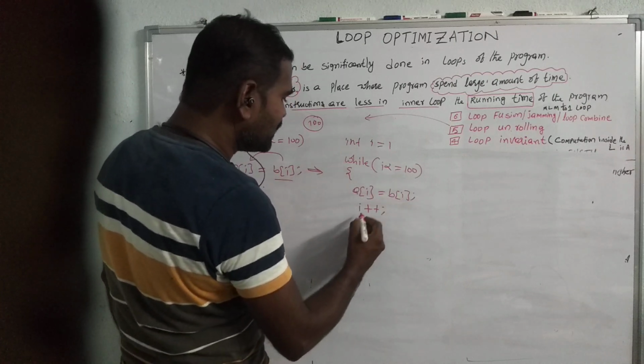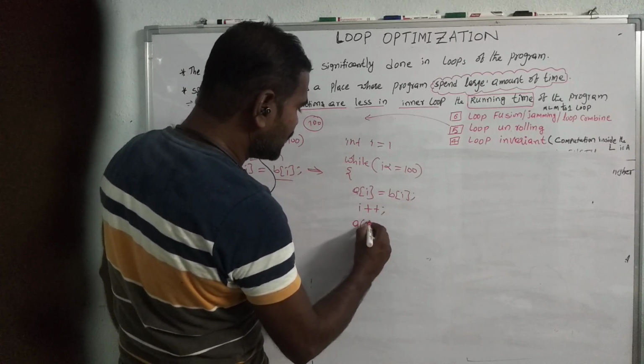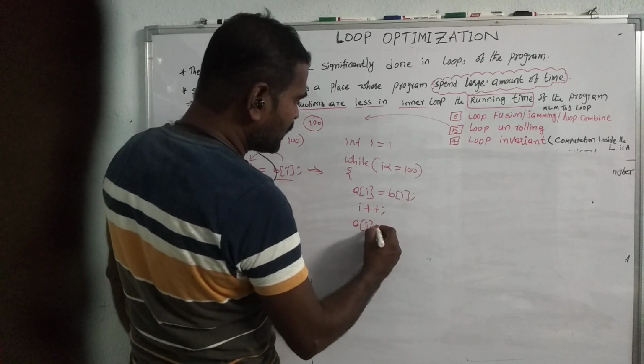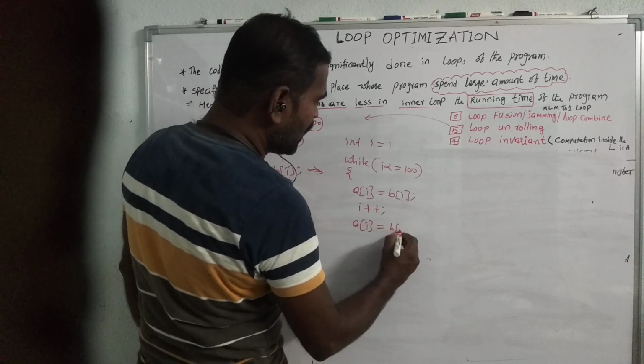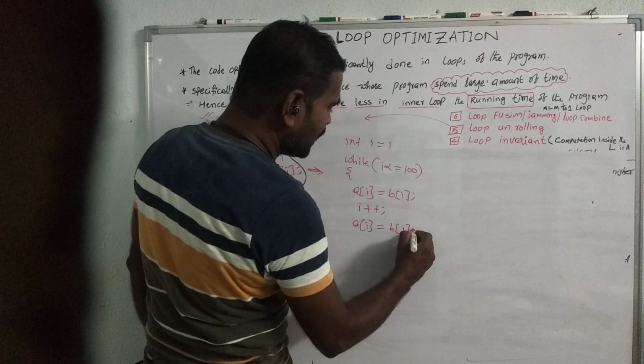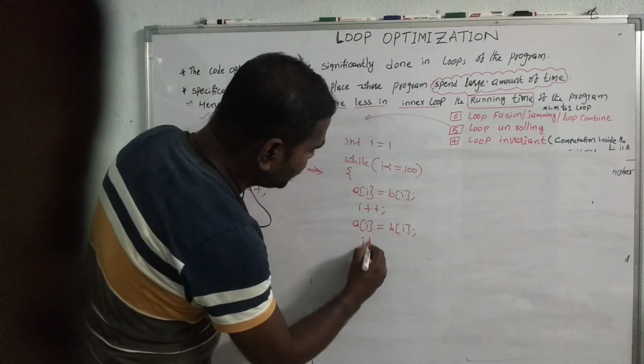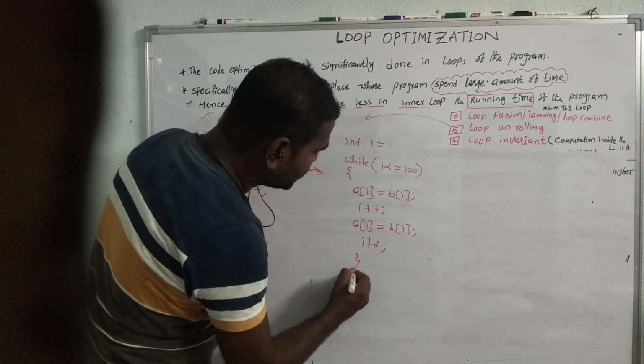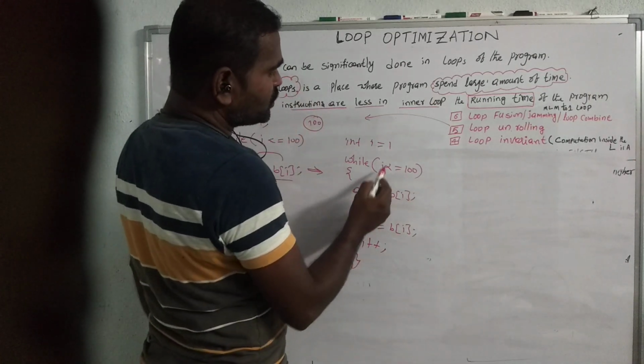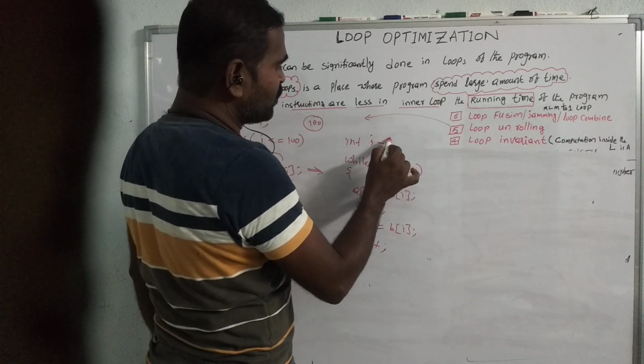After the increment, again a of I at the next location I initialize with the next content, then again I plus plus. Suppose the counter variable I value is 1 here.